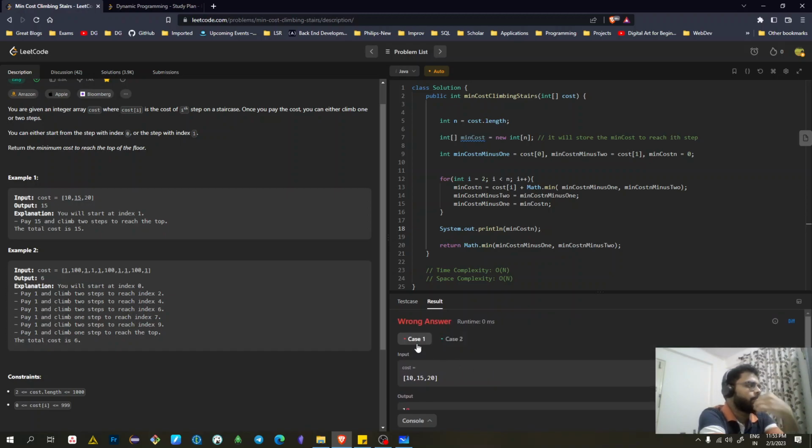The first one we have to debug. Cost 0 and cost 1 are 10 and 15. Okay, it will take the minimum of them. Okay, the cost of this position will be 20 plus 10, 30. Fine. Is it 30? Yes.